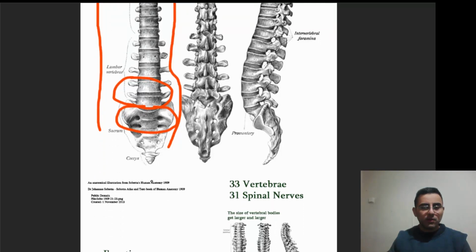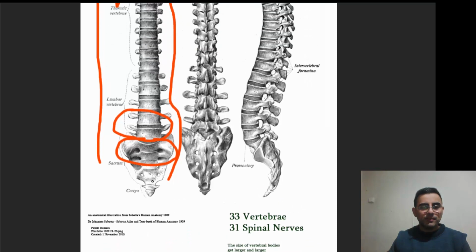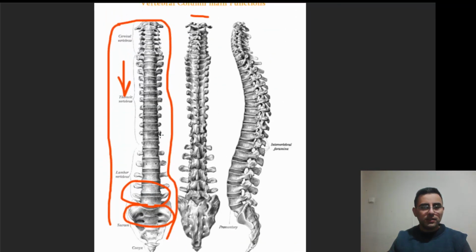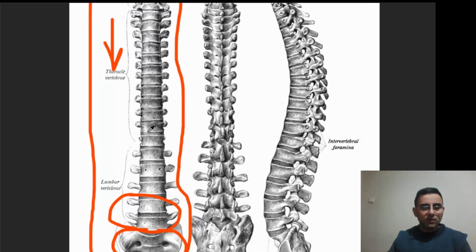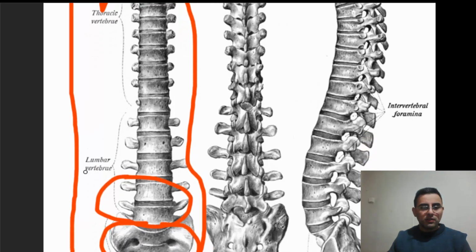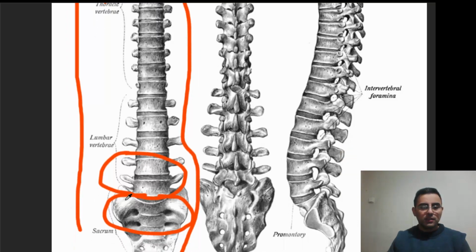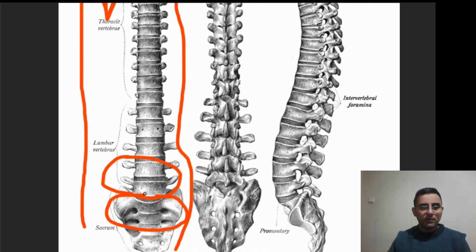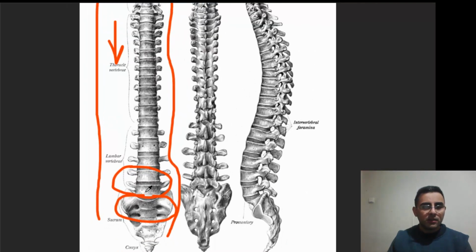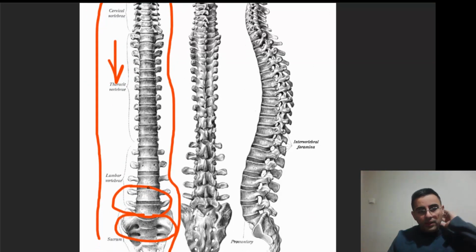Main function of spinal column is to support weight, and to support weight of the human body it needs more strong bones here. And a logical clinical correlation is that traumas of skeletal column are usually in this lumbar region.